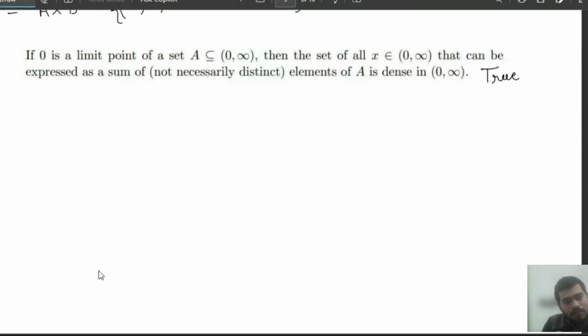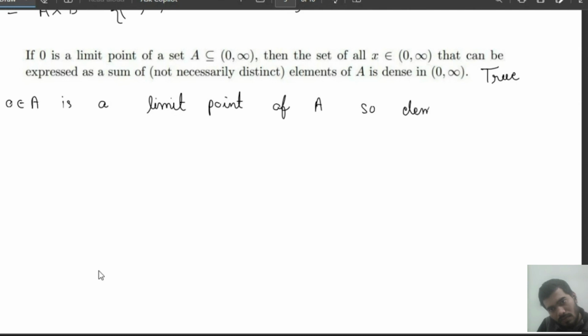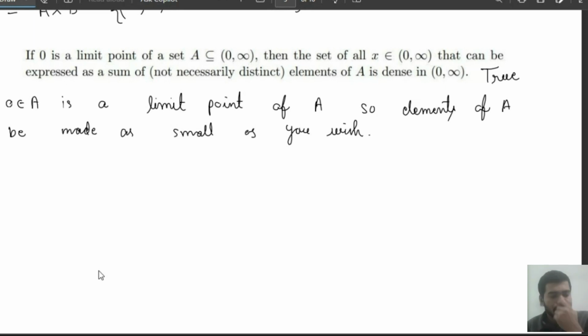So what you do, you choose epsilon greater than 0.